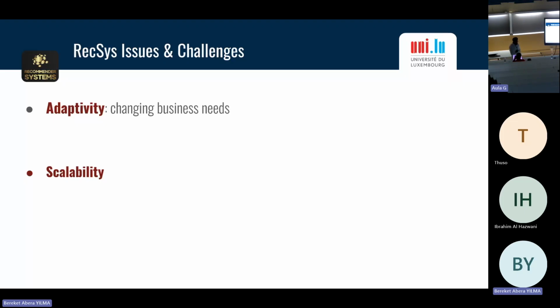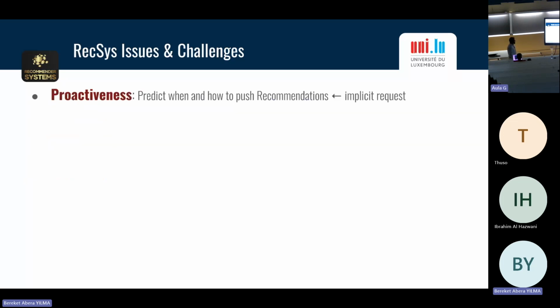You go to the users and ask them, what do you think is the best approach to solve your problems? How can we inject this back into the model so that we can have adaptive systems?